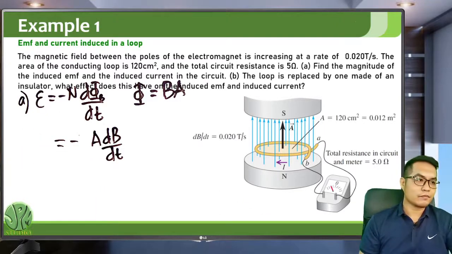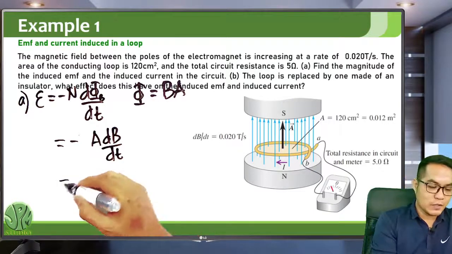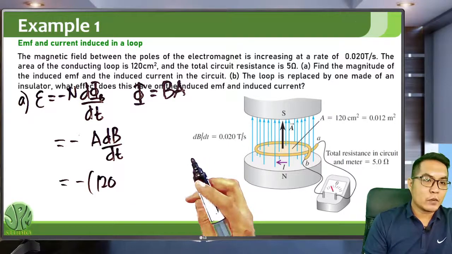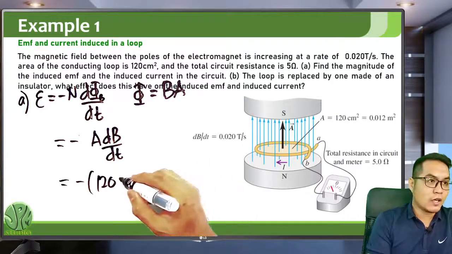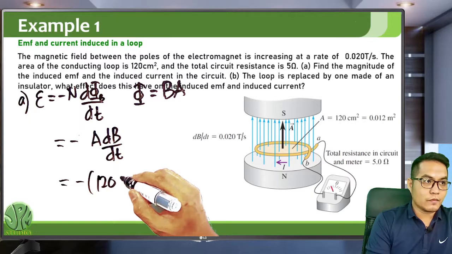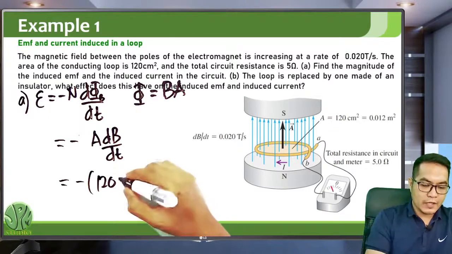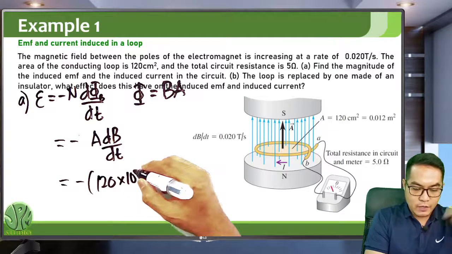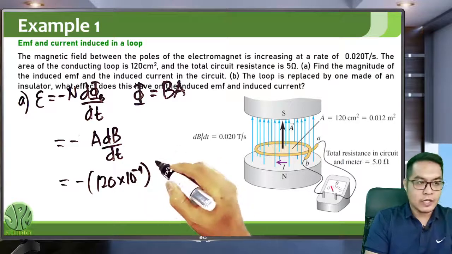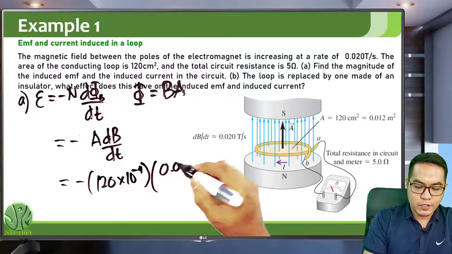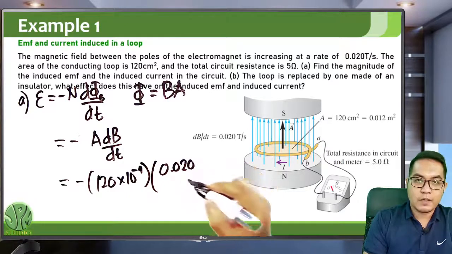Okay, so the area is 120 centimeters squared. If you convert that to standard units, you multiply that by 10 to the negative 4. dB/dt is increasing, so it's positive, 0.020 Tesla per second.